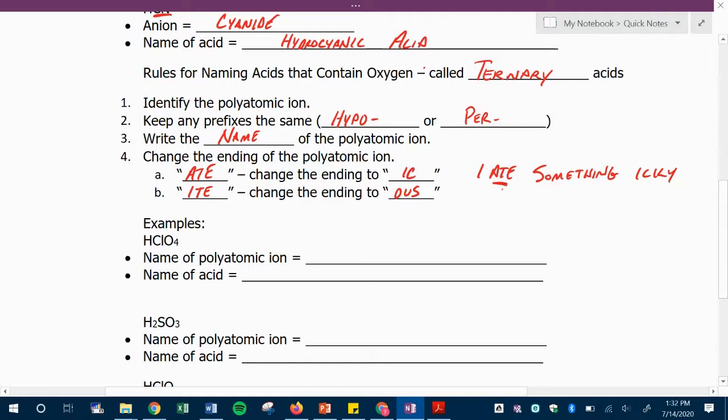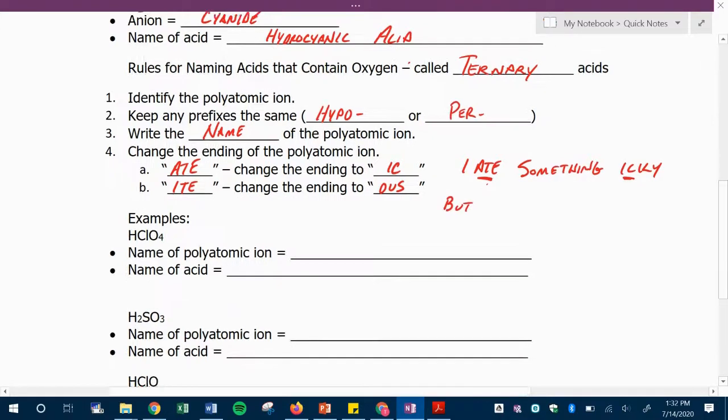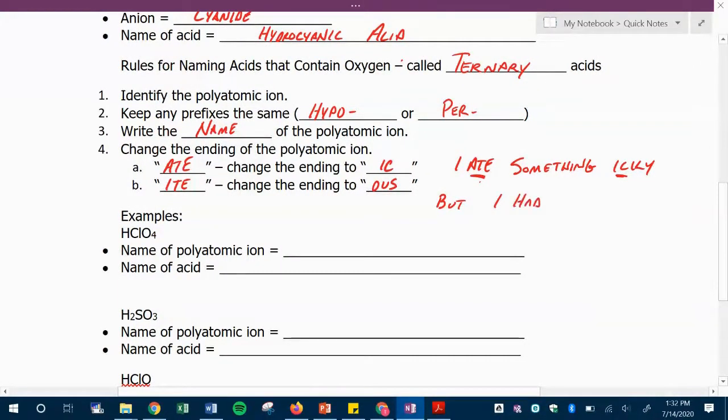Get it? The ate, ic. And you can say, after I ate something icky, I had a Sprite and it was delicious. So there's the ite and ous endings. That's a little phrase that helps you remember which ending you're supposed to use.